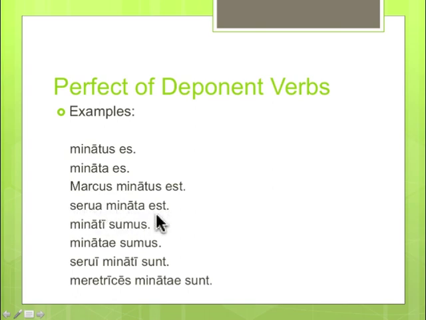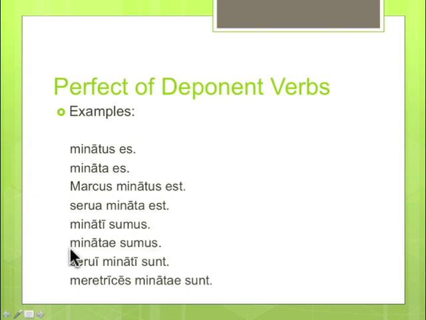The slave woman has threatened or threatened. If we're a group of all men or a group partially of men, we could have a few women too, we would say minati sumus because the masculine gender sort of triumphs over the feminine gender when you have a group of people.